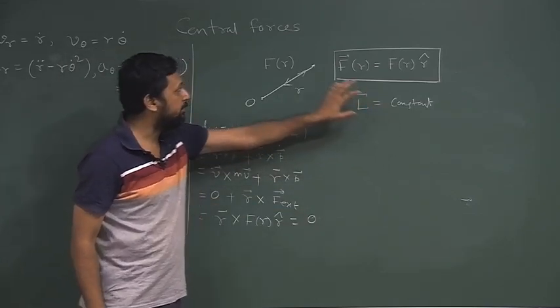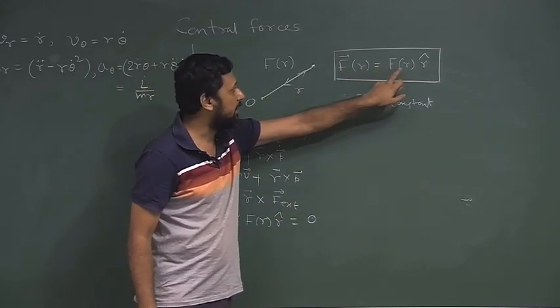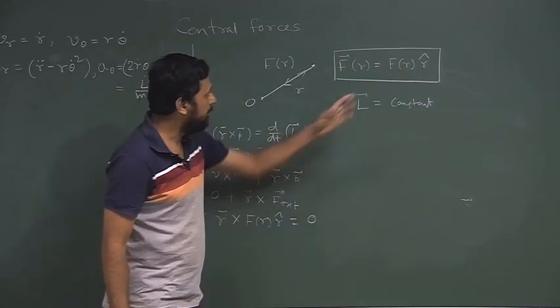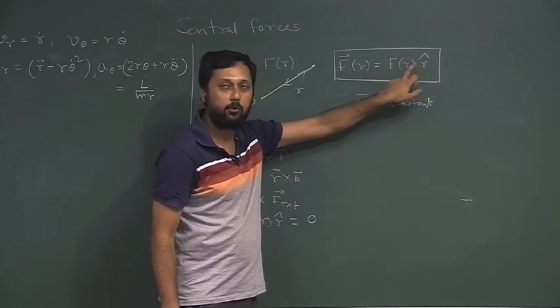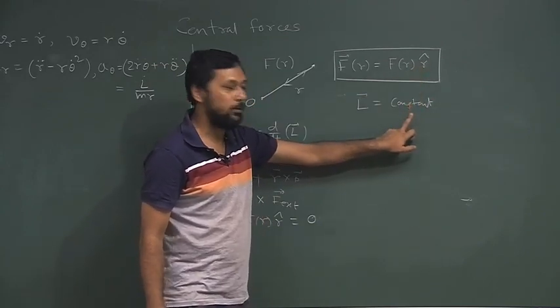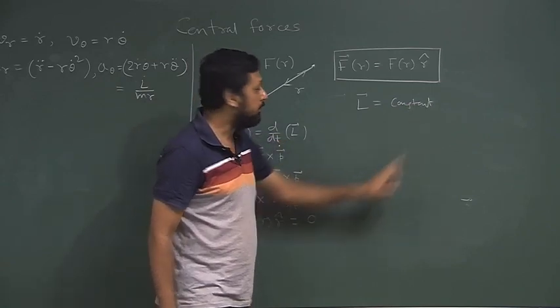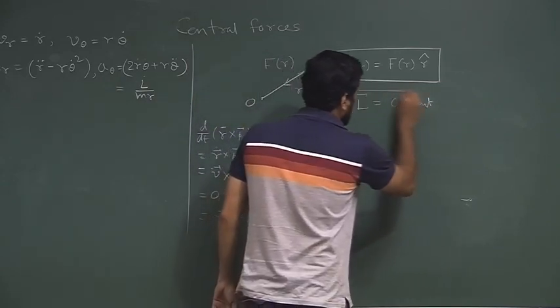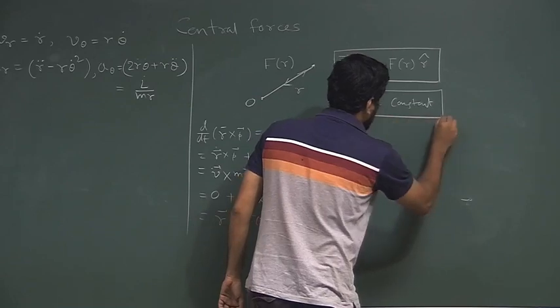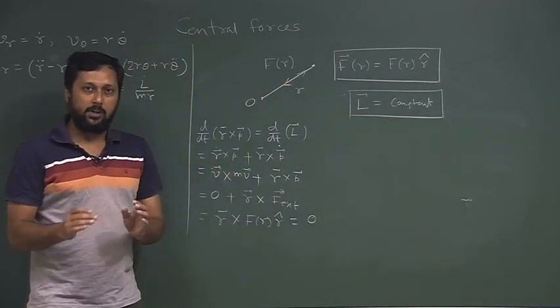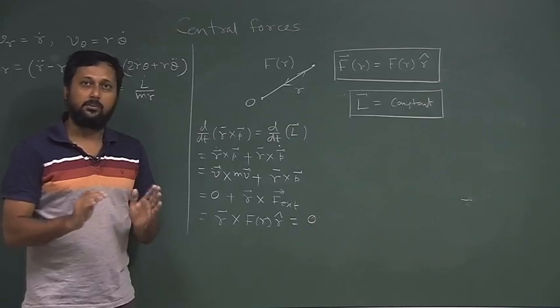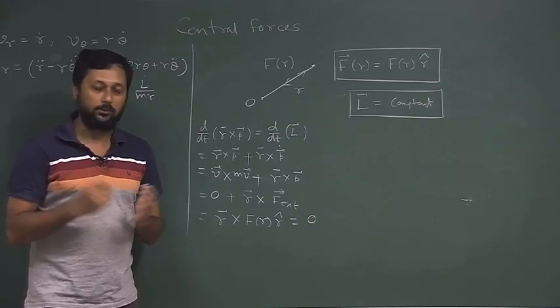Does not matter what is the particular form of this function f of r, because it is pointing only towards r. Because of this particular form of central force, L will always come out as a constant. So, this is a very, very important result which essentially tells us that the angular momentum of a particle moving under the influence of a central force is constant.